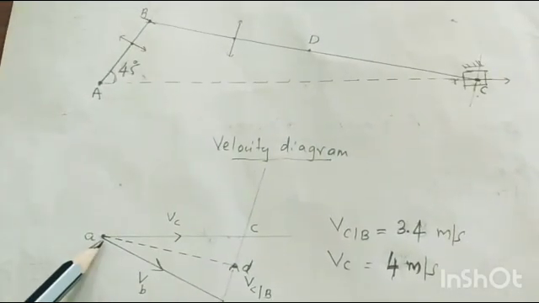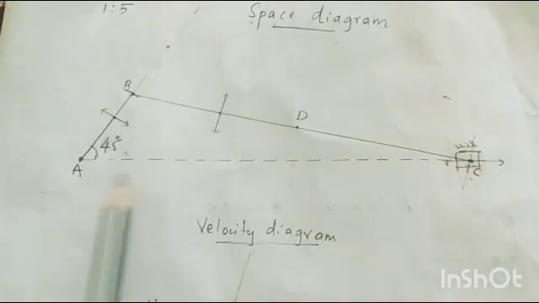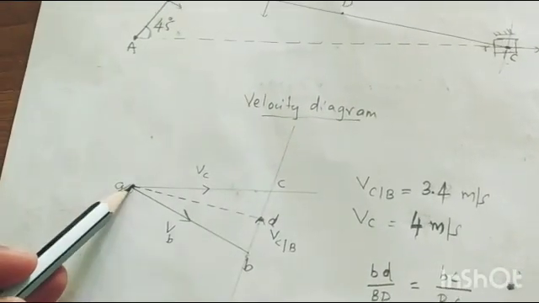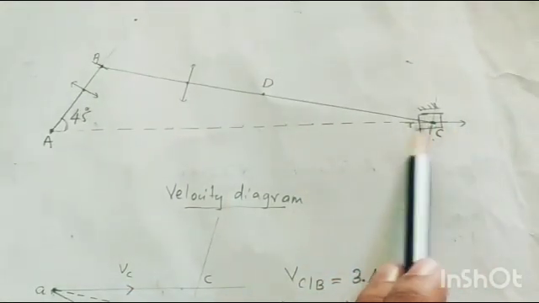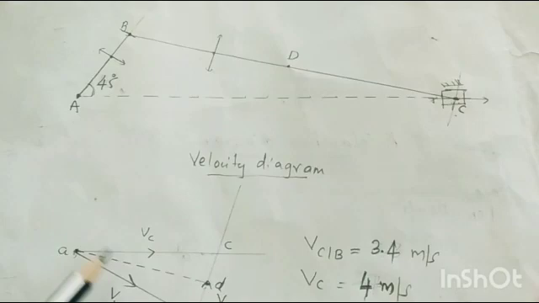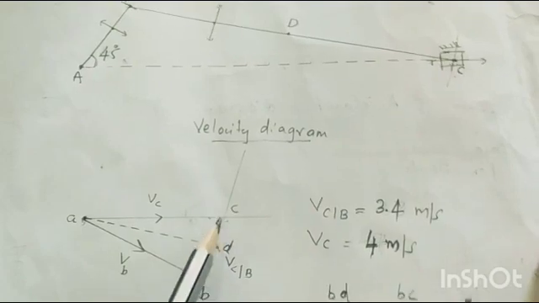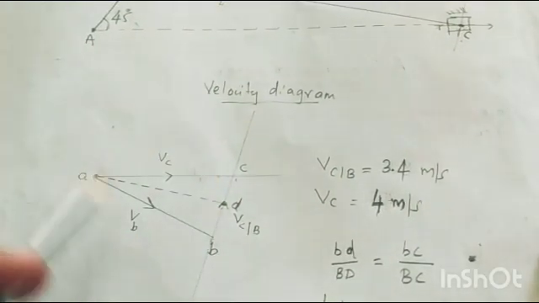We have to start from point A, because the piston's velocity line will meet this point. So from this point A, draw a line parallel to this direction. If you join, you will meet it over here and you get the point C. So you can complete the diagram like this.